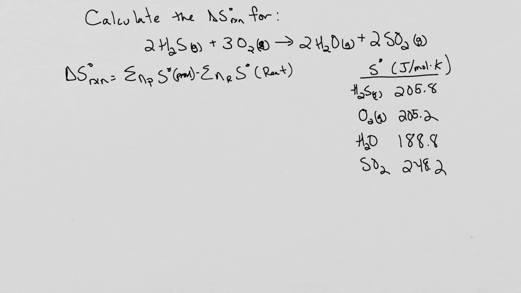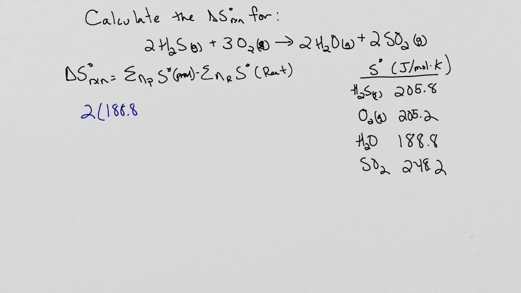Our products here are water and SO2. So we're going to look up our values right here. We have 2 moles of water, so we're going to have 2 times our 188.8.